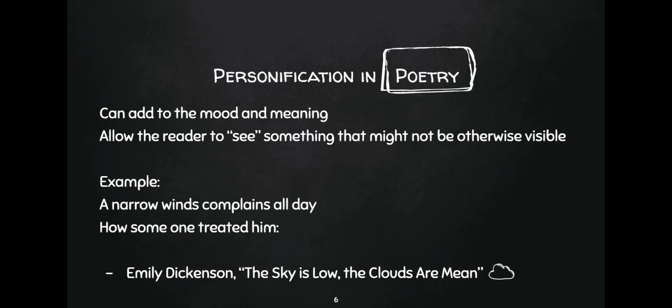So you want to have the right words. You want to be very thoughtful of those kind of words. And if you're using personification, it can really put out those things without being very direct and to the point. This can make those things very visible for us.